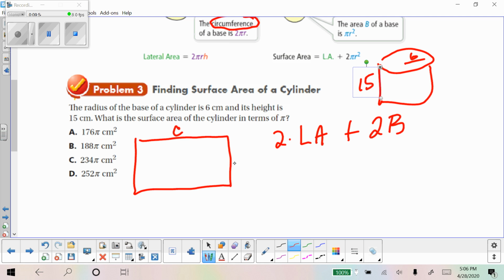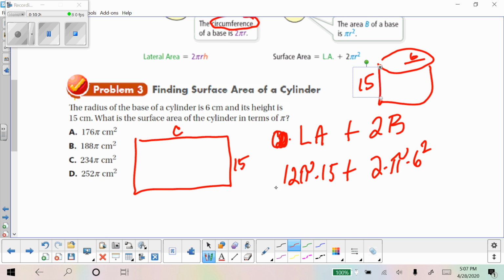And then this is your height, which is 15. So I don't know why I put a 2 here, but the lateral area is 12 pi times 15. And then the base is just pi r squared. So we have 2 times pi r squared because there's 2 of those bases. And the radius is 6.